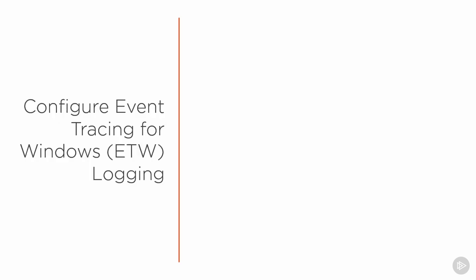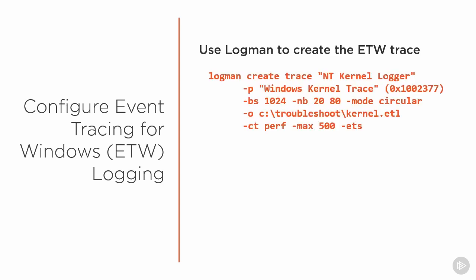So the next step is to establish event tracing for Windows logging, or ETW logging. We touched on this in the last module by using WPR and xperf. This time we'll use the NT Kernel Logger to accomplish this. You'll simply use the logman command to create the ETW trace. Here you can see I'm using logman create trace, then specifying the NT Kernel Logger. I'm specifying the -p provider as the Windows Kernel Trace, giving it a set of flags.